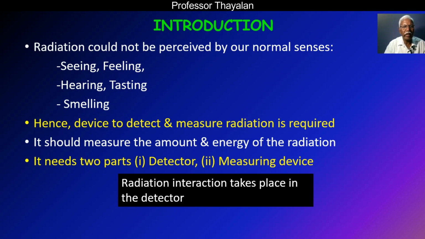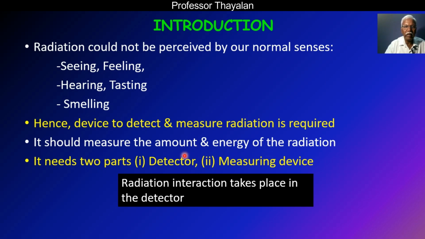Then what do we need? We need a device to detect and measure radiation. What must we measure? We must measure the amount of radiation as well as the energy of radiation.